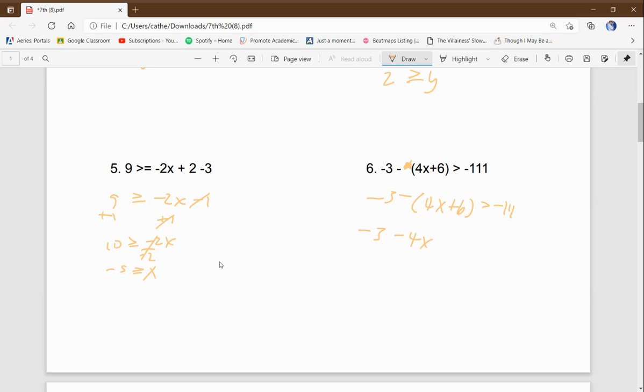So negative 3 minus 4x minus 6. So negative 9 minus 4x, minus 1 plus 9 times 4x is greater than negative 102. That looks wrong, for some reason.